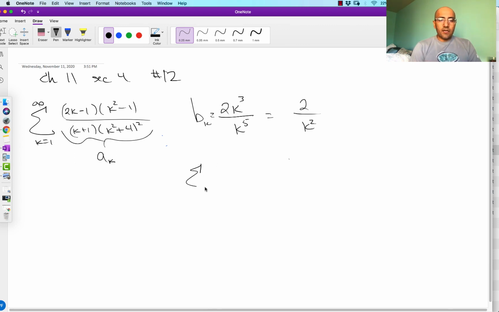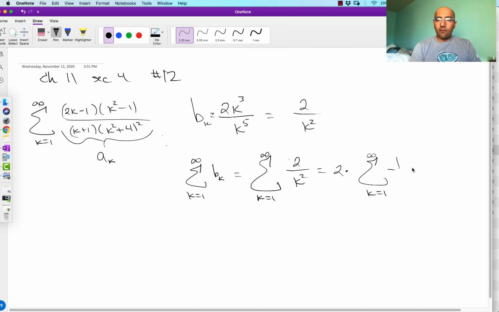So note that the sum of b sub k's as k goes from 1 to infinity is the sum as k goes from 1 to infinity of 2 over k squared. Let's pull out that constant, and then that'll be the sum as k goes from 1 to infinity of 1 over k squared, which converges by the p-series test.